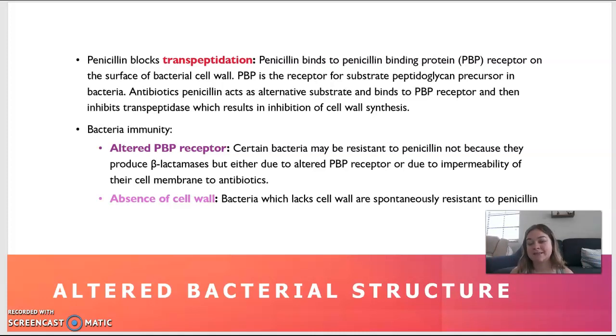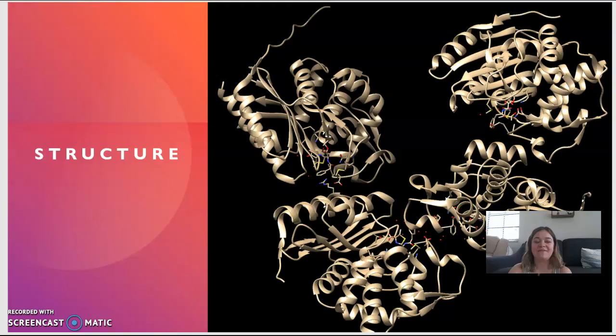So just lacking a cell wall, they are really resistant to penicillin, right? Because penicillin is attacking the cell wall when it's taking apart that bacteria. So without that, we don't have anything for penicillin to really bind to.